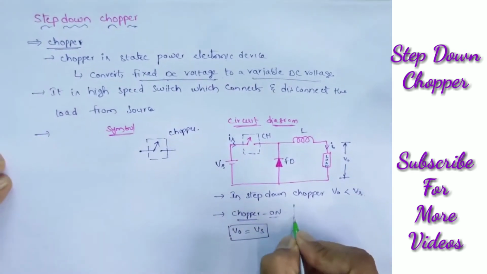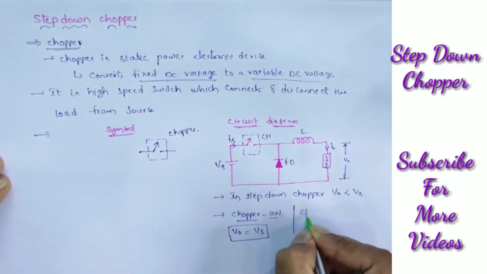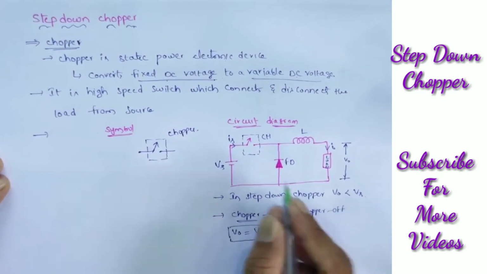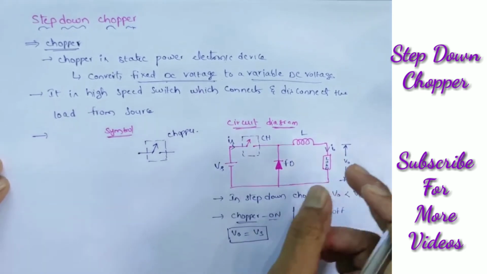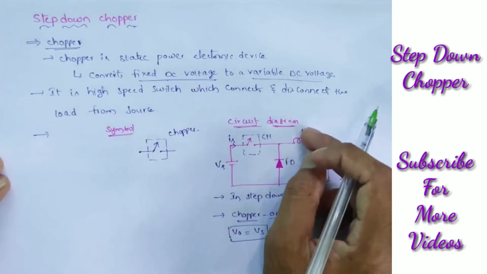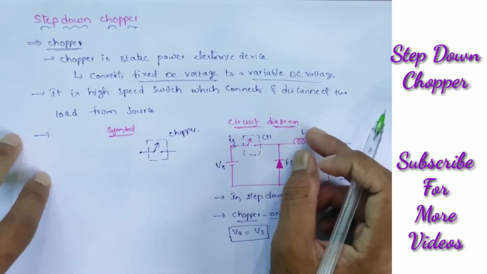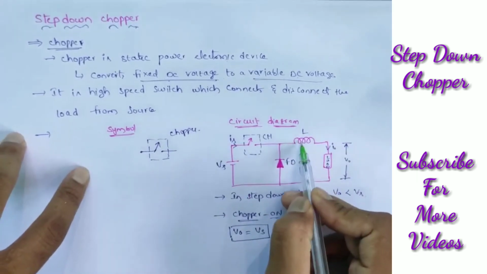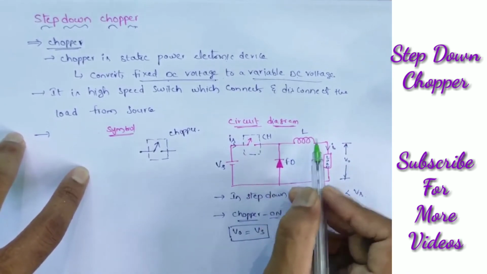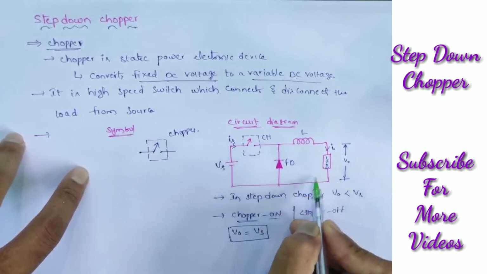Next, when the chopper is in off state, what will happen? When the chopper is in off state, that means the switch is opened. During the chopper on, the energy is stored in the inductor. During the off state, the stored energy will be dissipated. Like this, the current will flow like this.